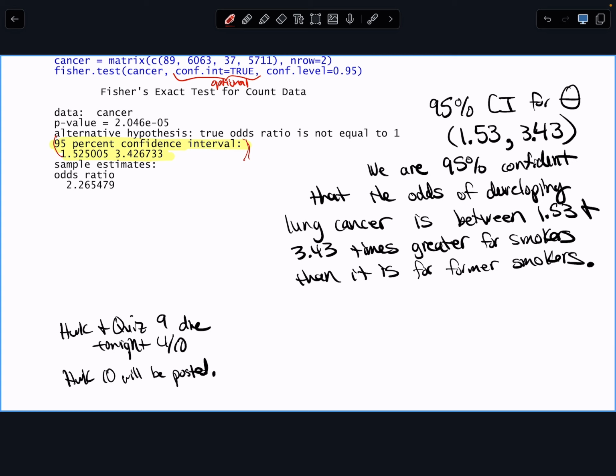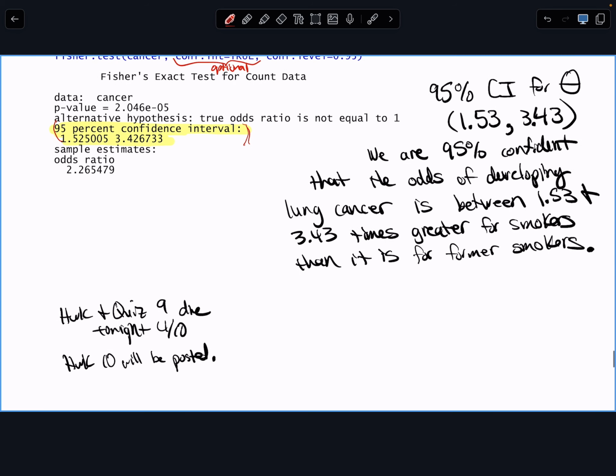Now, when we dealt with, let's see if you guys really remember some of the stuff from the relationship between confidence intervals and hypothesis tests, right? So when we were doing, let's say, a 95% confidence interval for mu1 minus mu2, right?